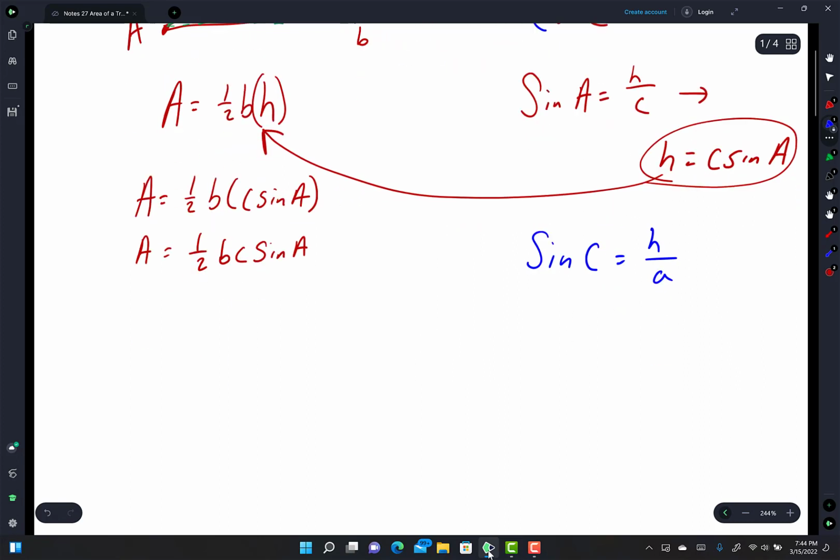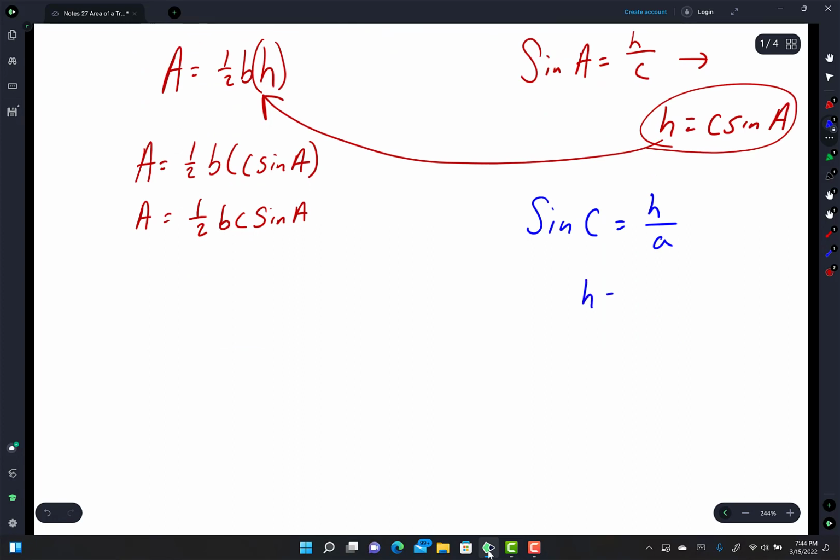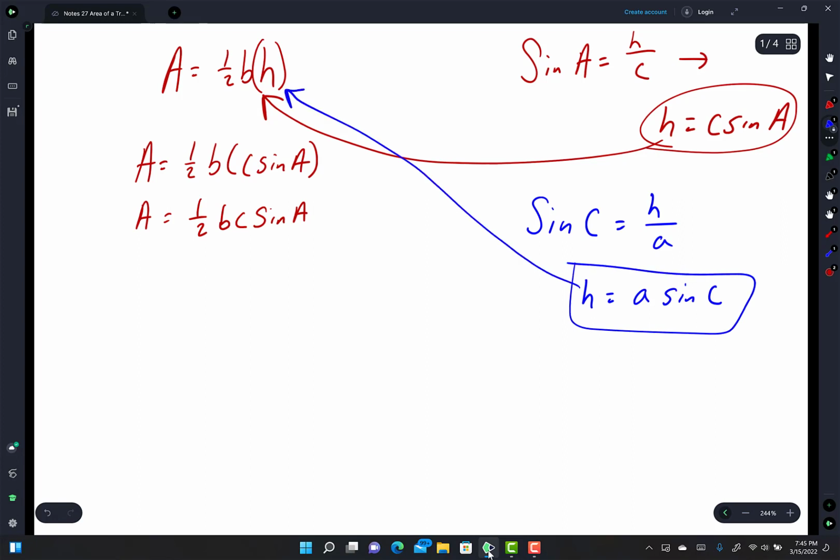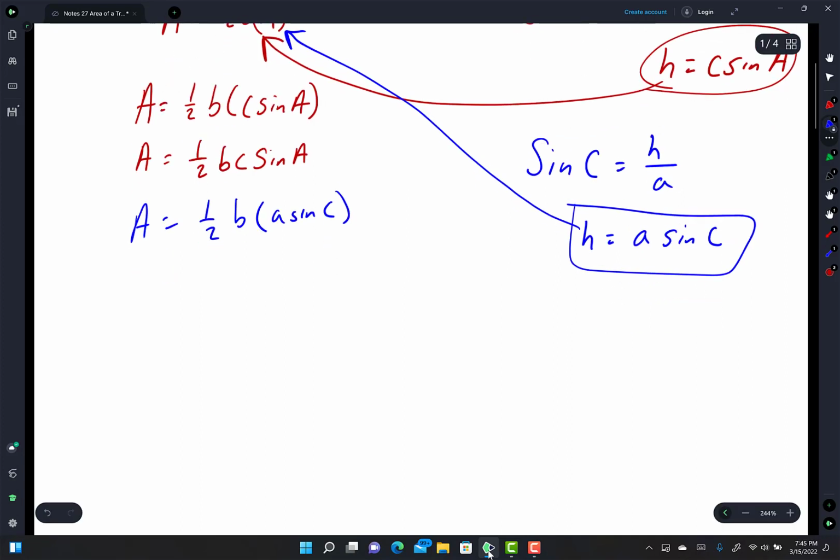If I multiply both sides by A, I can write that H is equal to A sine C. Using the same logic, we substitute that in, and we have area equals 1/2 b times A sine C. Rewriting it nice and clean: 1/2, then A, then B. Why am I writing A before B? Because in the alphabet, A comes before B. And there it is, guys. The one in red and the one in blue give you the same area of that same triangle.